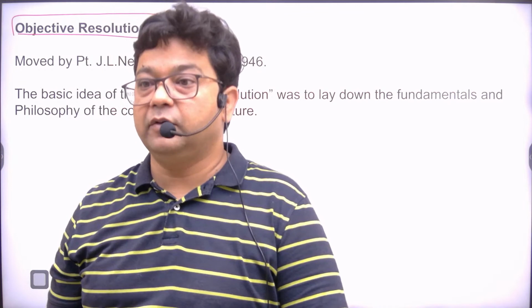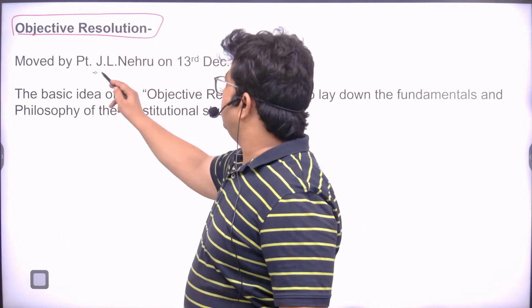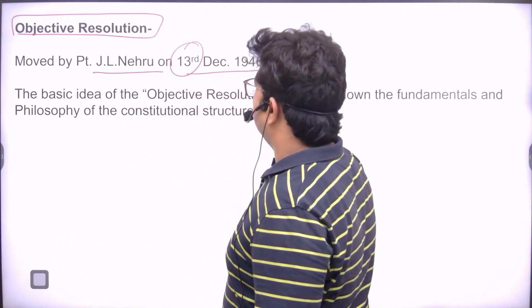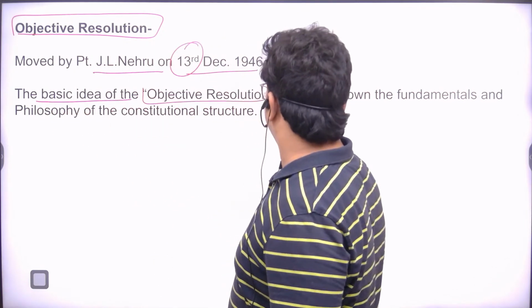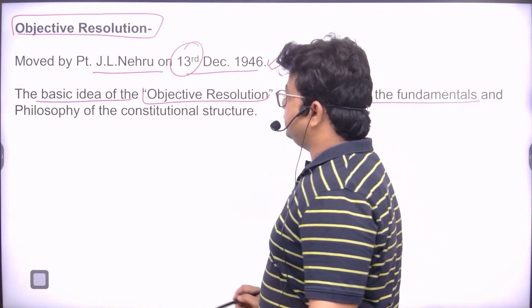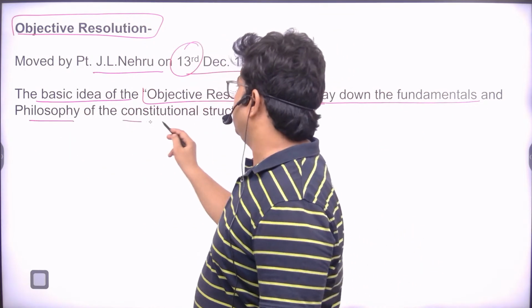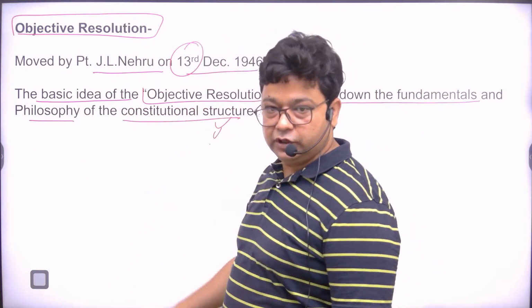This was moved by Pandit Jawaharlal Nehru on 3rd of December 1947. The basic idea of the objective resolution was to lay down the fundamentals and philosophy of the constitutional structure, right.